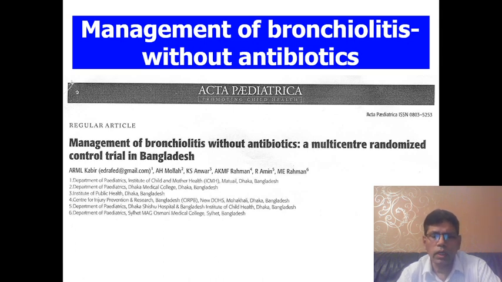In one arm we gave erythromycin orally, and in one arm no antibiotic was given, but supportive treatment was given to all the groups. We found the same recovery in the 3 groups of children, and this was published in Acta Paediatrica, and now you can also find this in the Cochrane database.